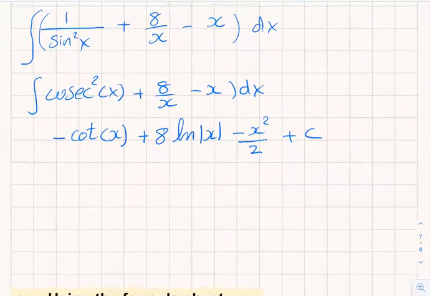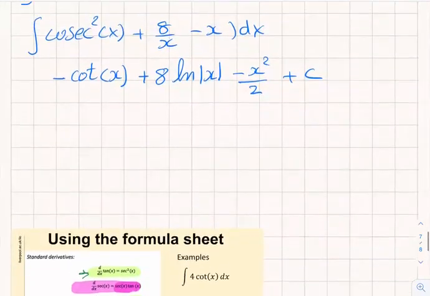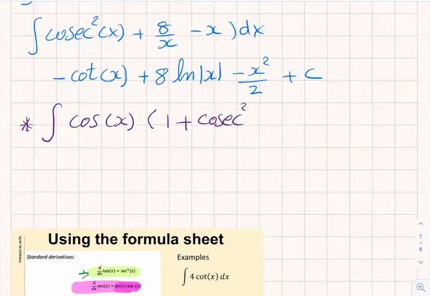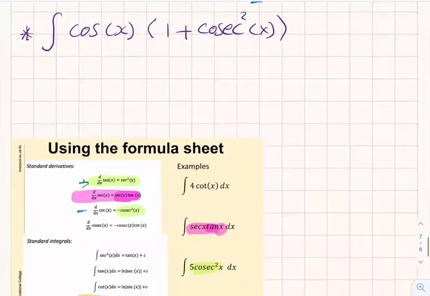Next question is, do you have space here? Yes. The cosine x multiplied by 1 plus cosecant squared x. Okay. Again, we need to simplify this.